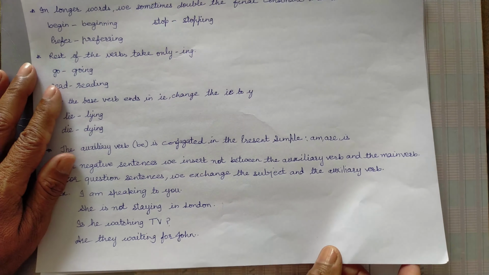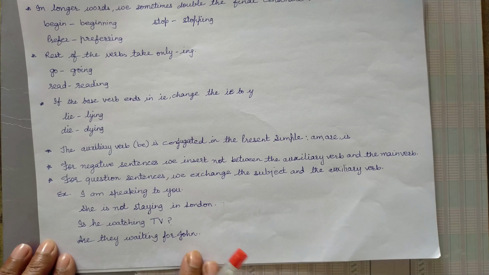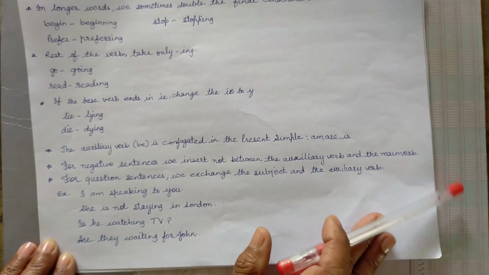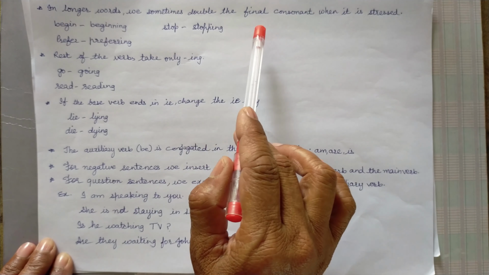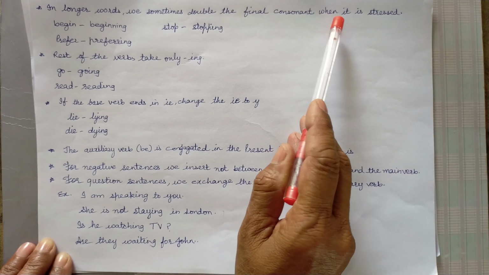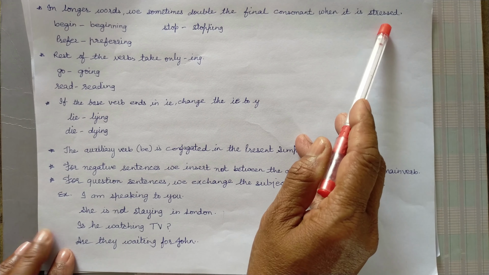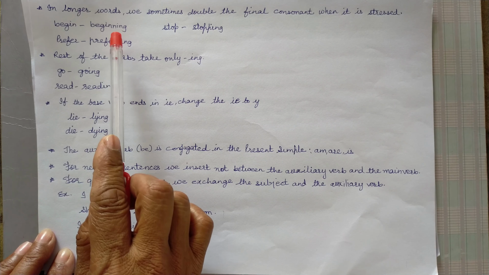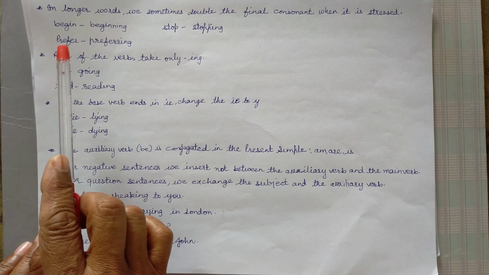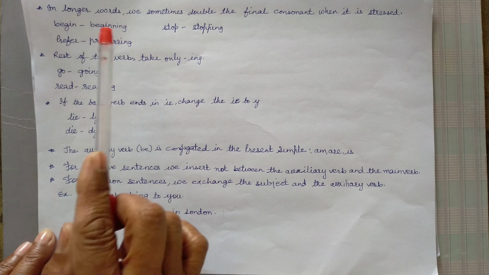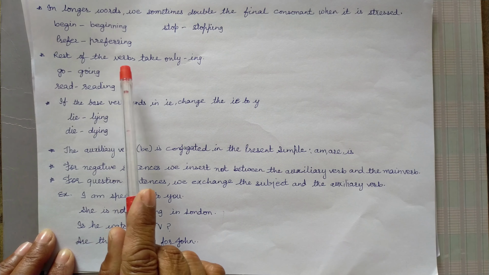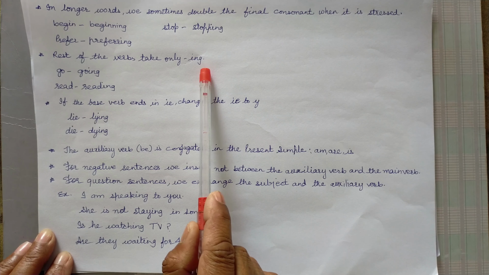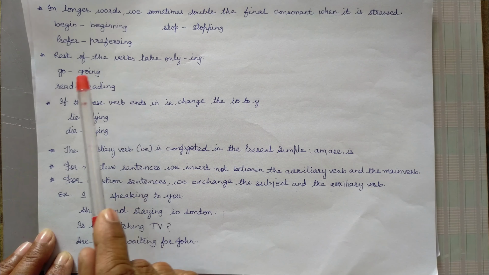In longer words, we sometimes double the final consonant when it is stressed. Example, begin, beginning. Prefer, preferring. Rest of the verbs take only ing. Go, going.